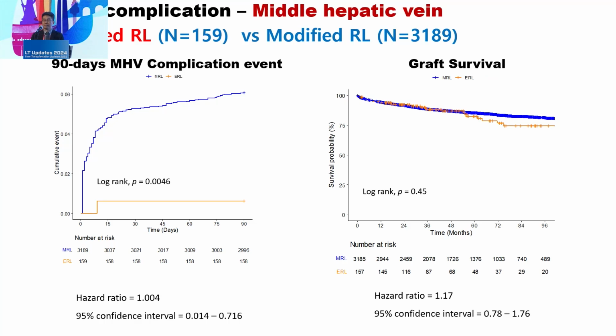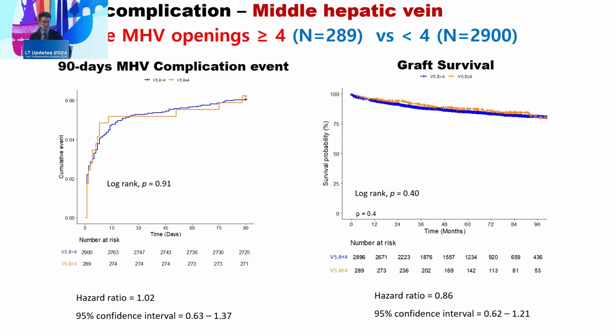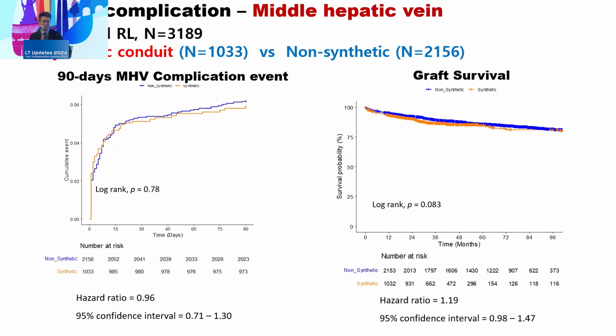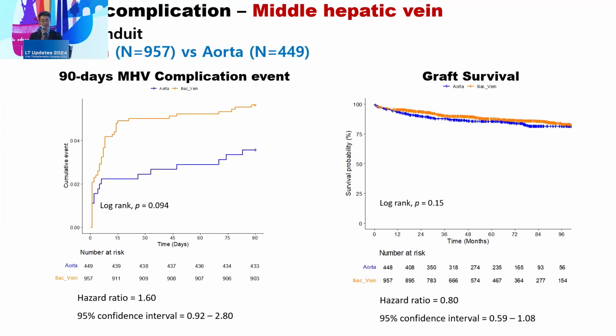Actually, middle hepatic vein complication was the most common vascular complication of the recipient. In this analysis, we firstly consider the graft type, extended right liver and modified right liver, and the multiplicity of middle hepatic vein openings that need to be reconstructed. In the case of modified right liver graft, we compare the synthetic conduit graft and the non-synthetic conduit graft.